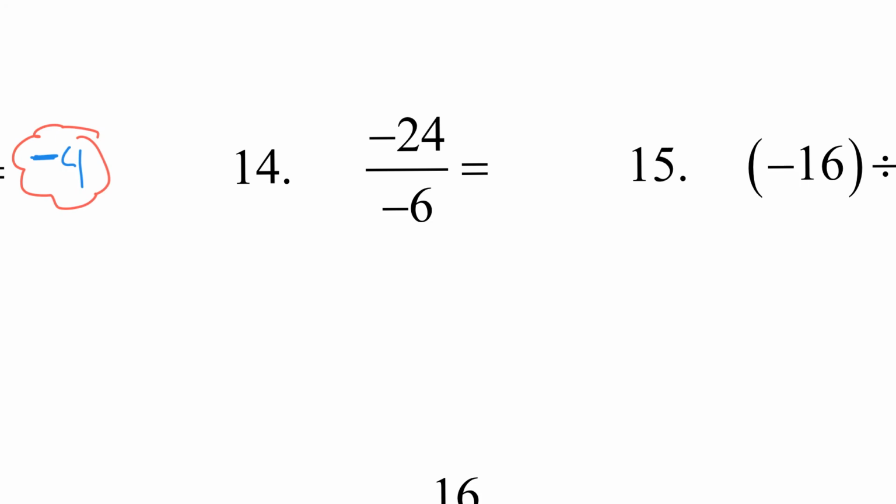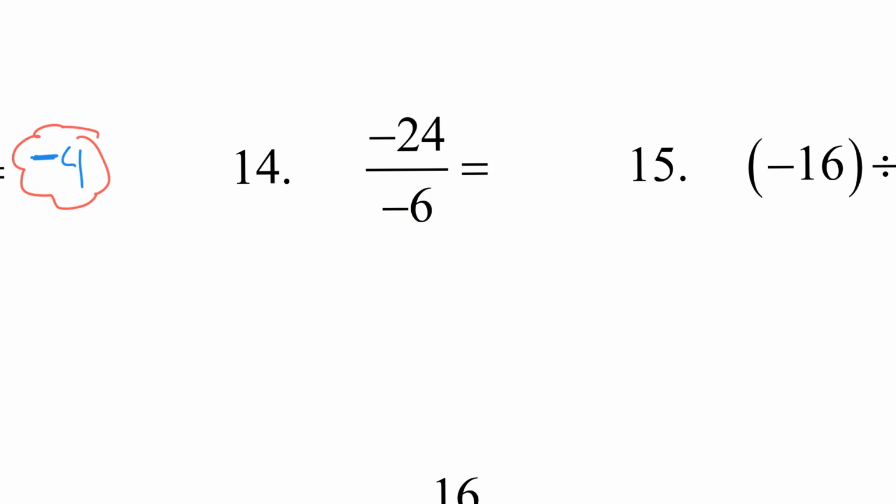You can also have a fraction. So this one here, negative 24 divided by a negative 6. Now here's where students get a little bit confused, okay? If you have even number of negatives, a negative and a negative, that's 2. You have 2 numbers, so 2 is even.